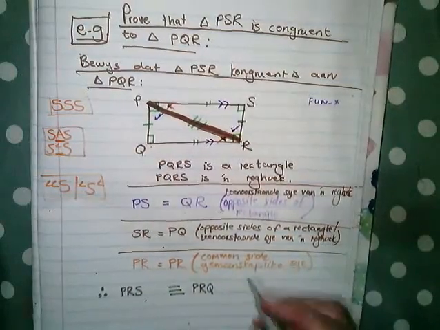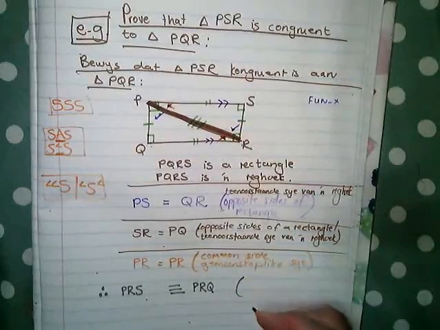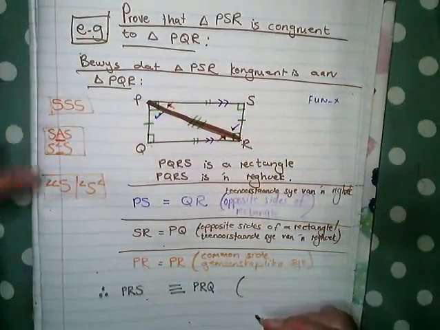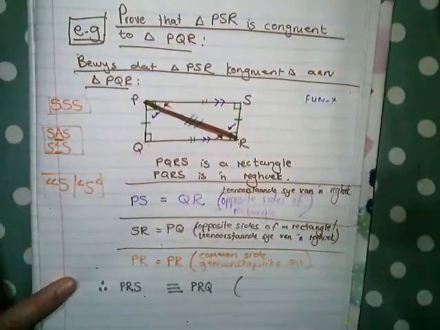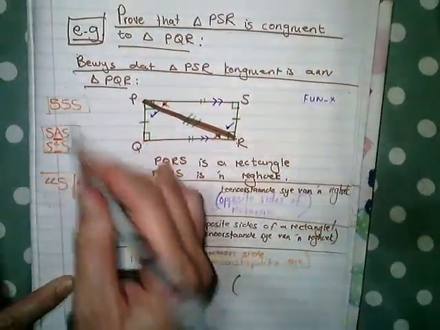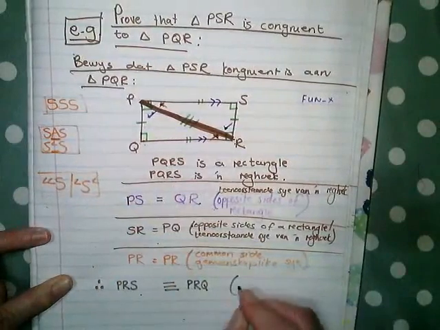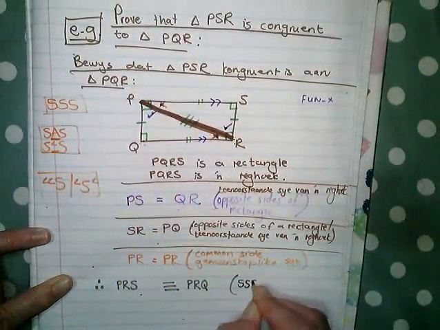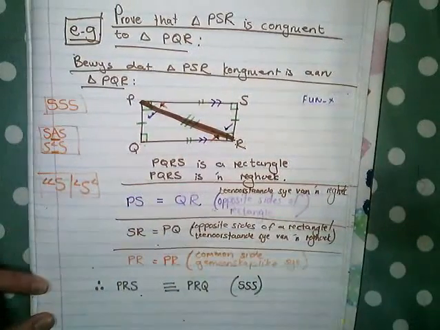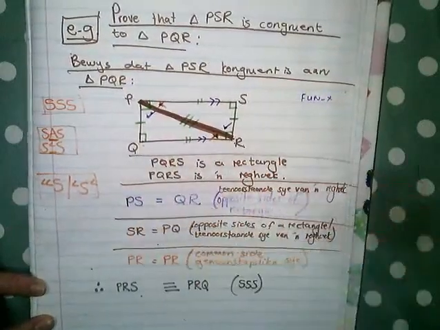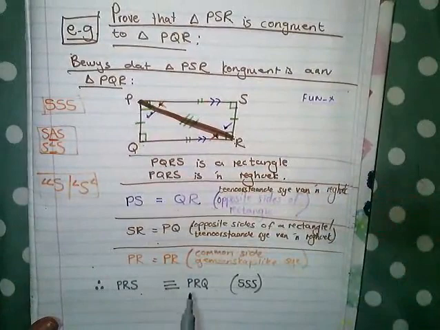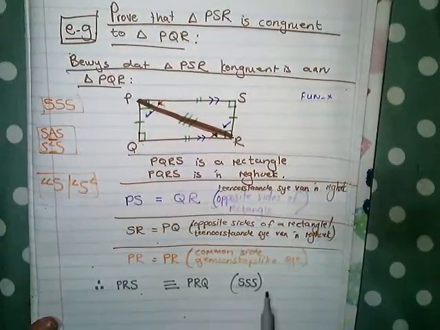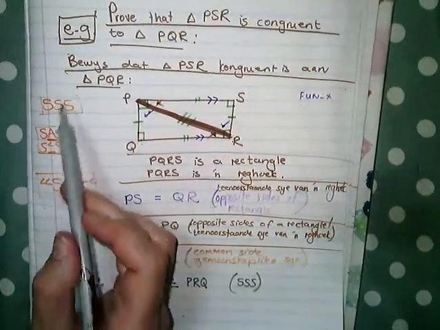And which one of these reasons is it that made it congruent? In our case, it was side. Okay. So this is how you write it. That triangle is congruent to that triangle for this reason. And that reason will only be one of these.